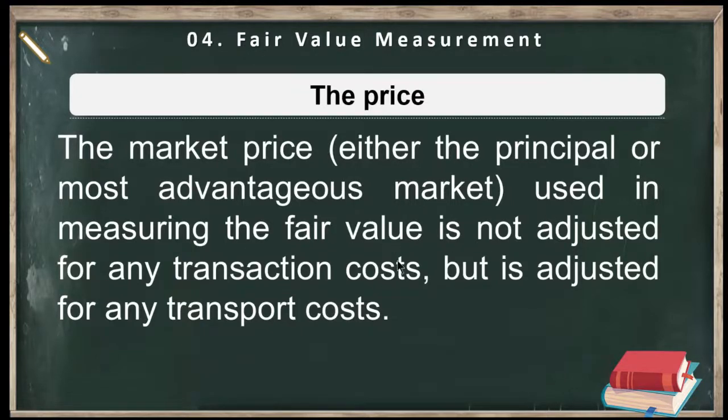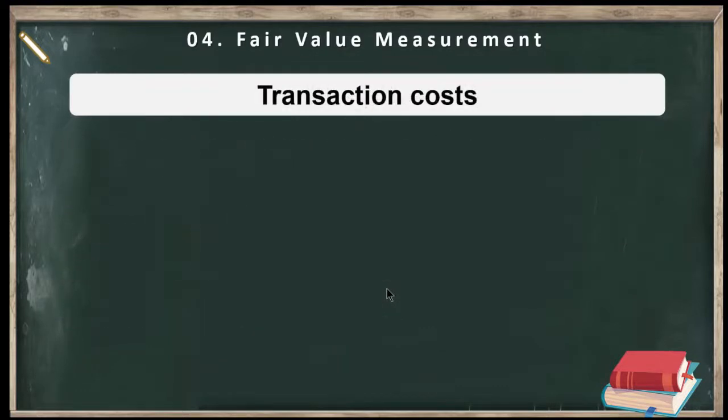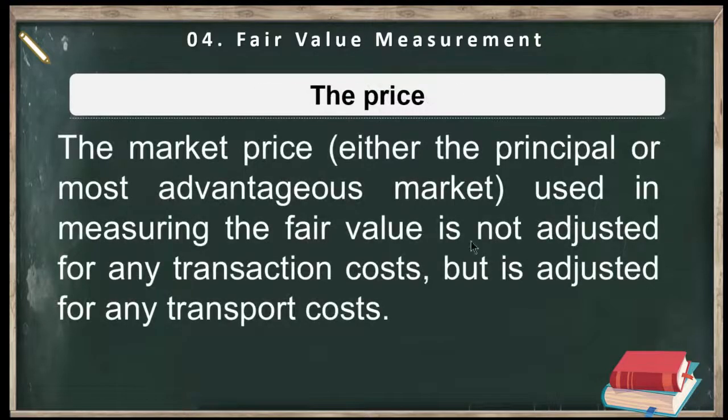And this is not adjusted for any transaction cost, but will be adjusted for any transport cost. What are the transaction costs? As we mentioned, it is not adjusted for transaction costs. So, to know which costs we do not take into consideration in the fair value, we should know which are the transaction costs that are excluded and which are the transport costs that are included in the consideration of fair value.